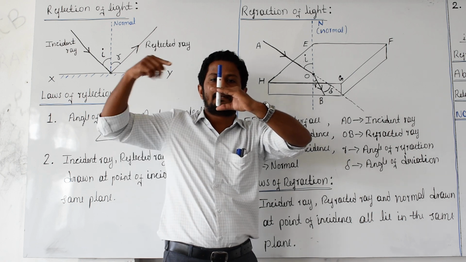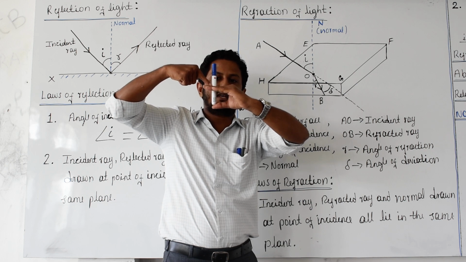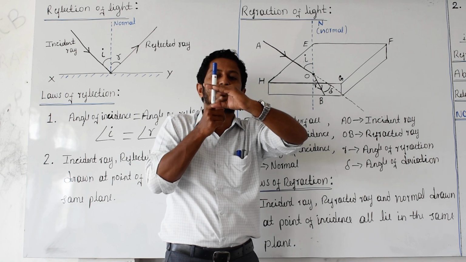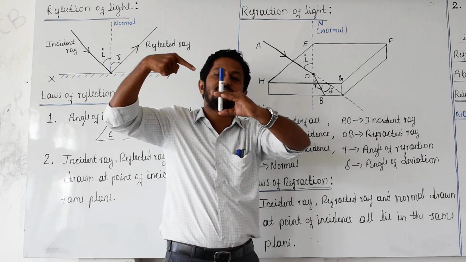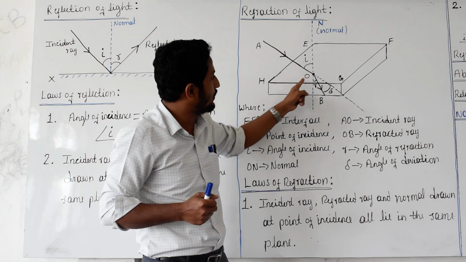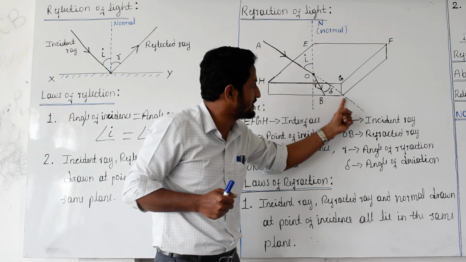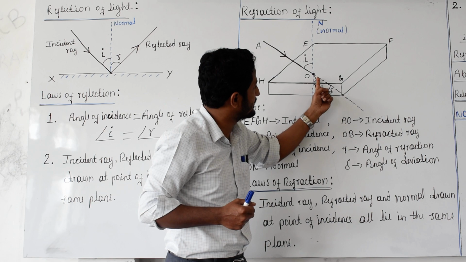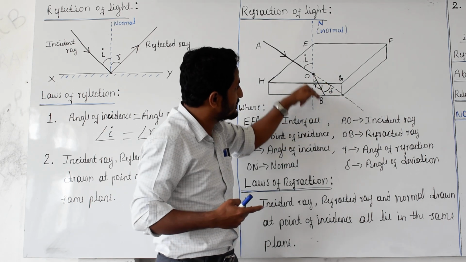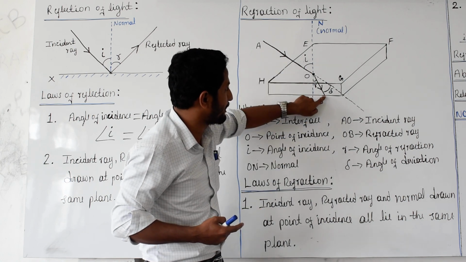The light ray gets incident like this, and when passing through the glass slab, it bends towards the normal instead of going straight. Look here: AO is incident at O. Instead of going straight along this dotted line, when the light ray enters the glass slab, it goes along the OB line.